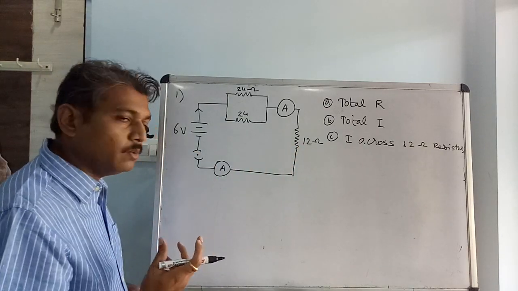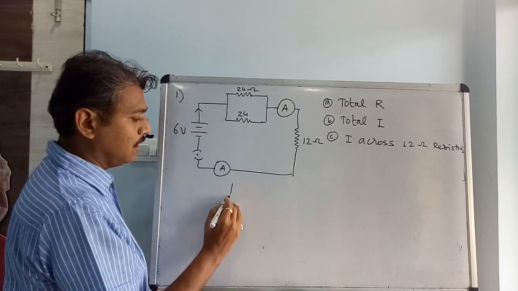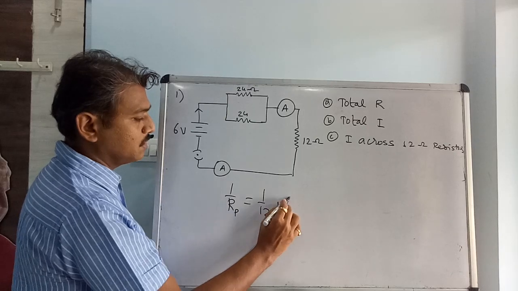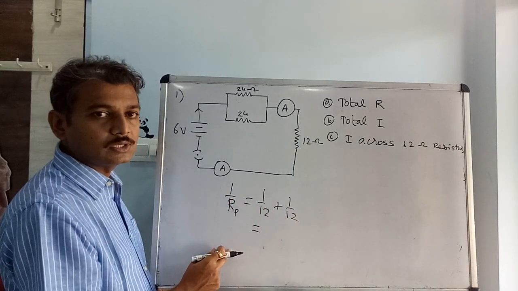So you have to calculate the total resistance. First of all you will go with the parallel formula: 1 upon 24 plus 1 upon 24. You will get one answer for this.